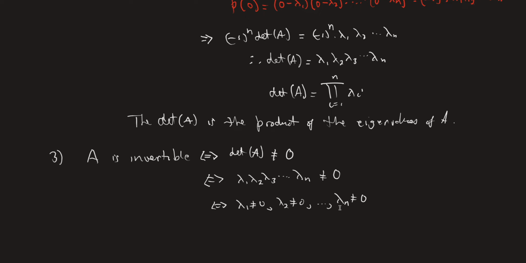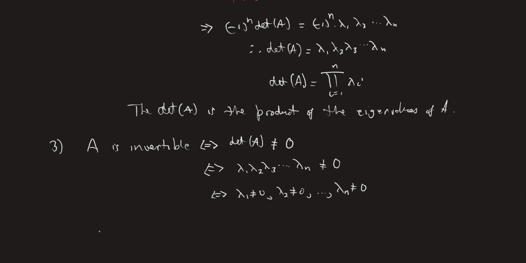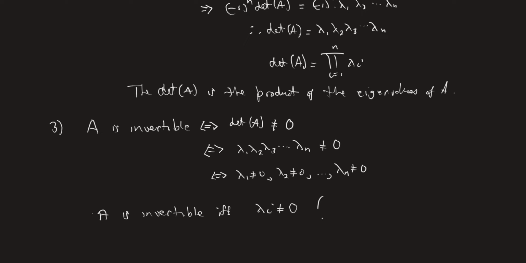So this shows a very important result, that A is invertible if and only if lambda i is not equal to 0. So this is another way of saying that 0 is not an element of its spectrum, right? So again, not having an eigenvalue of 0.